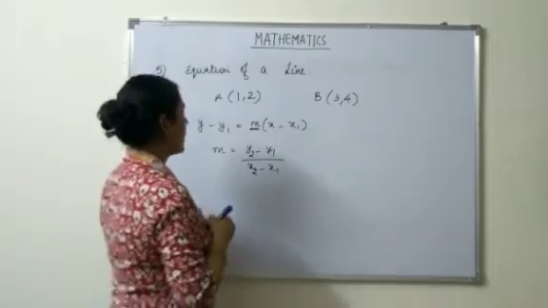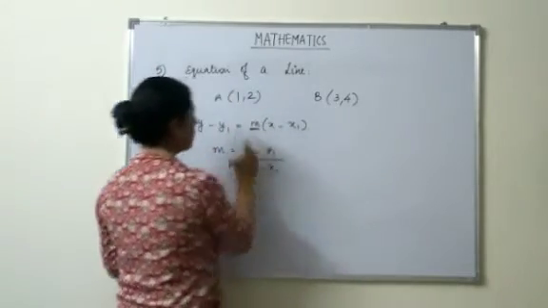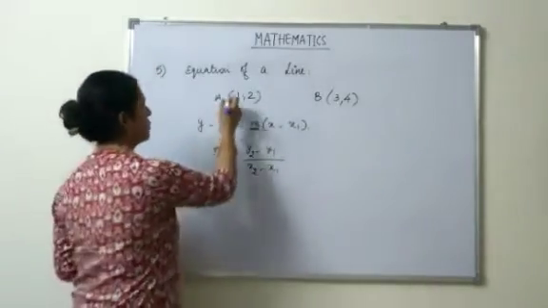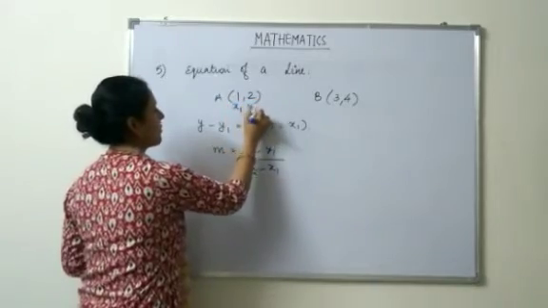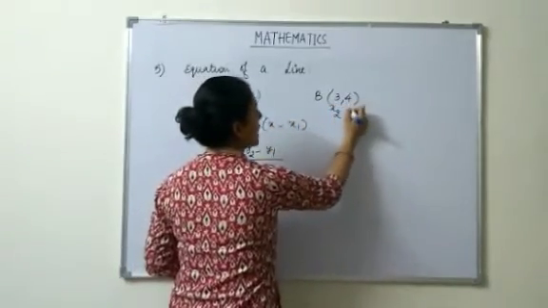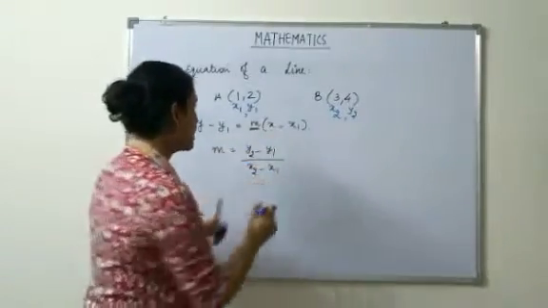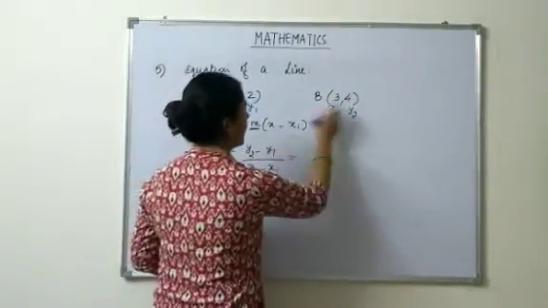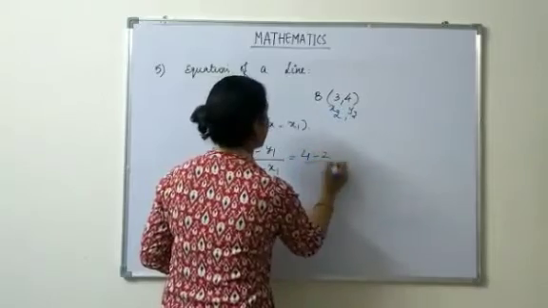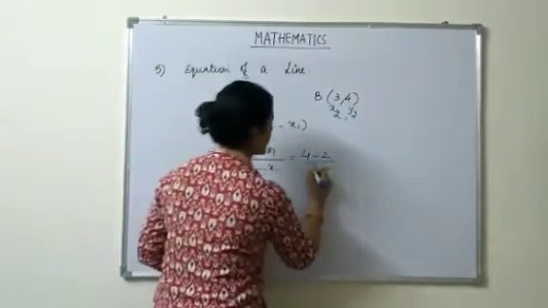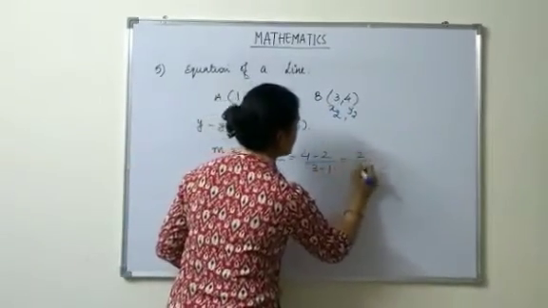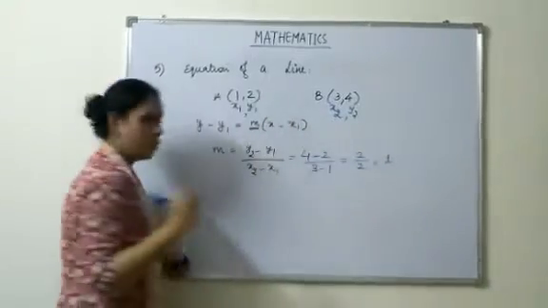Before putting the values, you write down that this is x1, y1 for you and this is x2, y2 for you. I will tell you why we do this. Because when you put the values, y2 minus y1 becomes 4 minus 2 upon 3 minus 1. This becomes 2 upon 2, which is equal to 1.